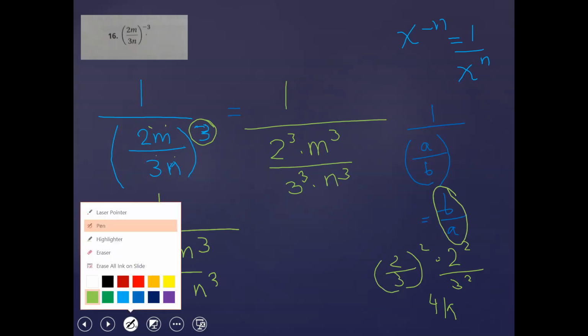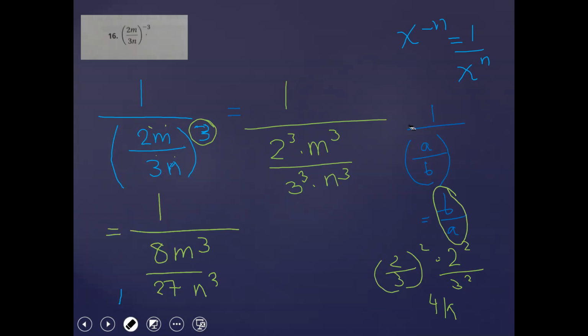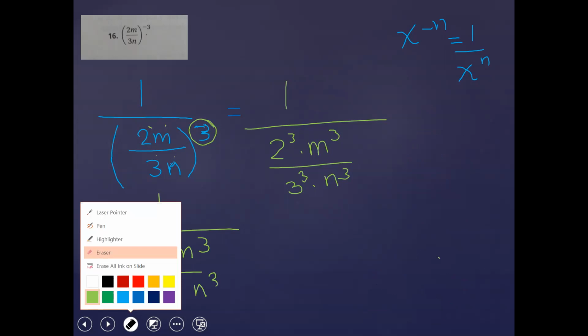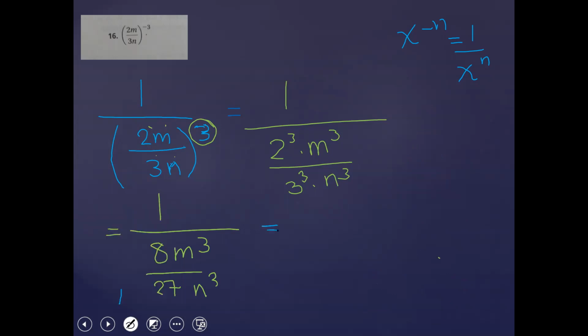So I can rewrite it as 27n cubed over 8m cubed. This is now the answer.